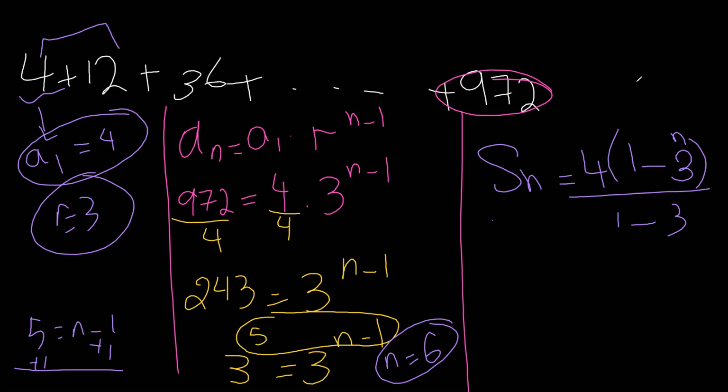So now I will put here 6 instead of n. Then the summation will be 4 times over negative 2. And the first step, don't forget, find 3 raised to the power 6. Then the answer subtracted from 1.